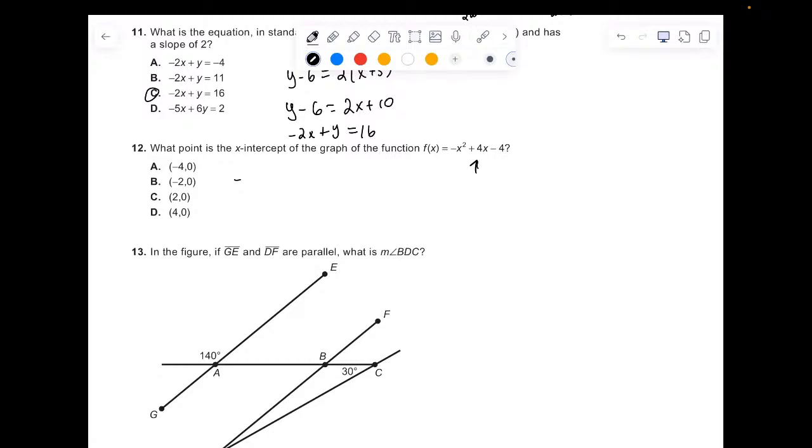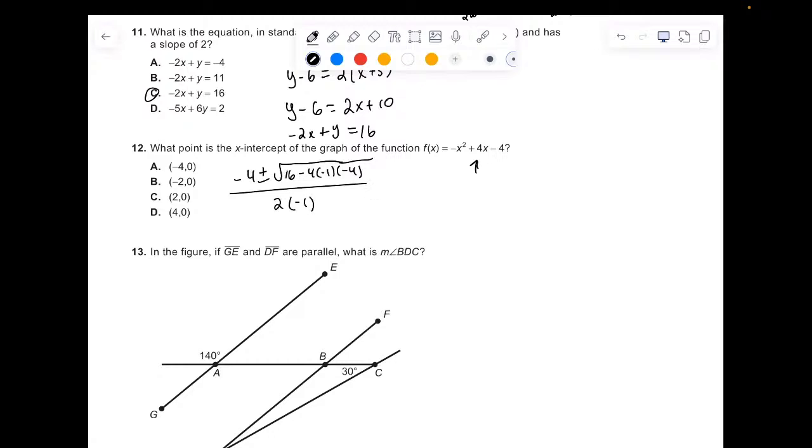Negative b plus or minus the square root of b squared minus 4ac over 2 times a.